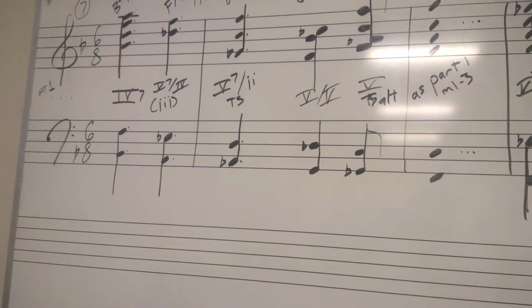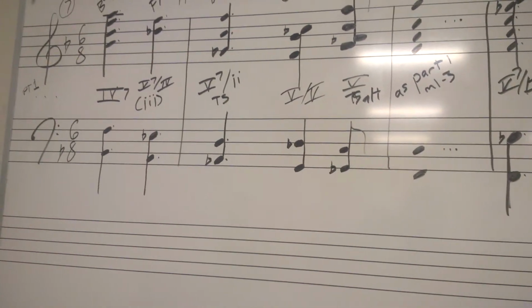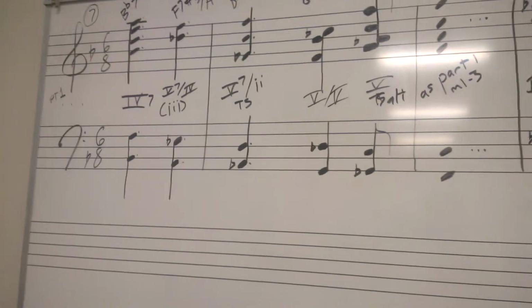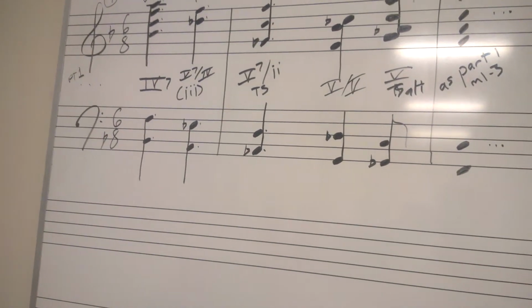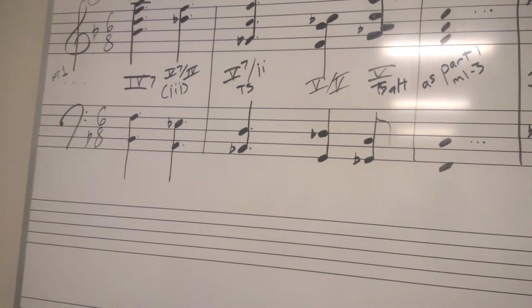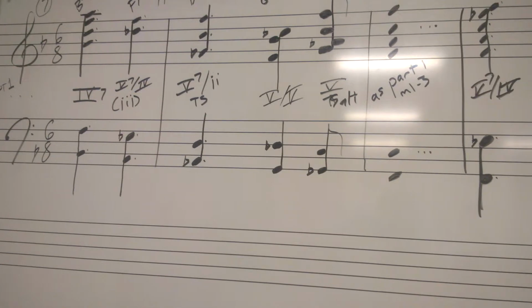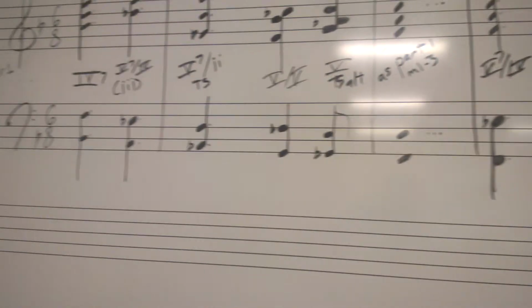Playing them one after the other, parent chord, chromatic upper neighbor, parent chord, you can do that, but a lot of times people omit the parent chord initially and just use the chromatic upper neighbor chord as a passing chord. In this case, that's what's been done.